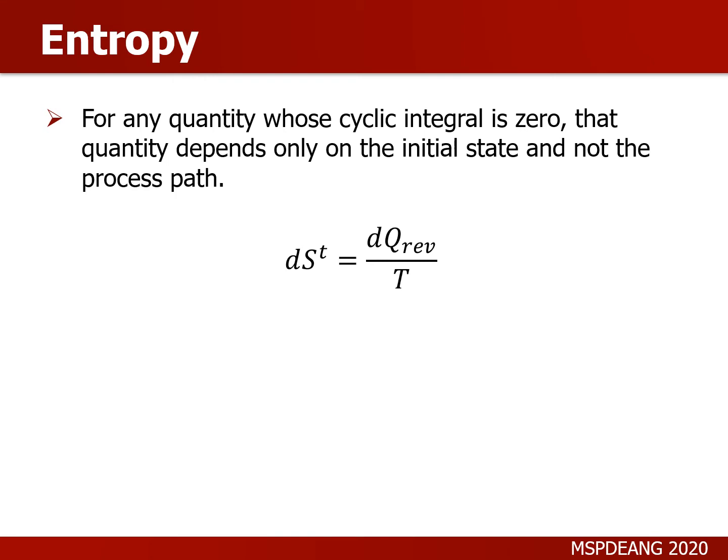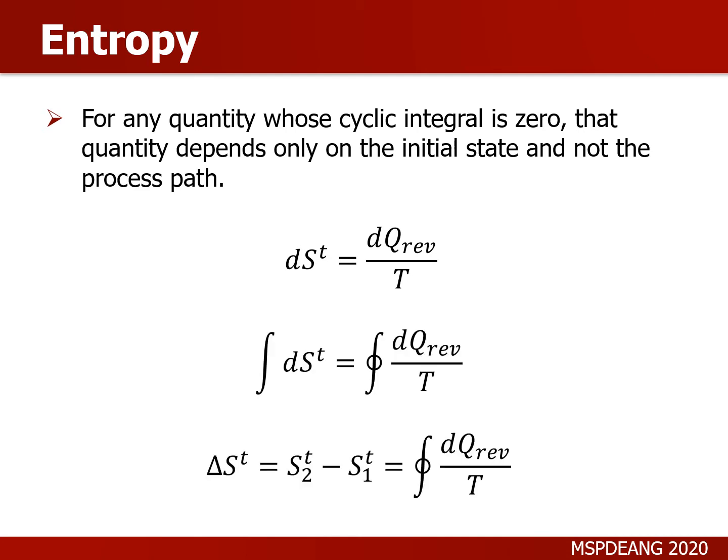Therefore, the integral of dS should now only be dependent on the initial and the final states. Meaning, the total delta S is now equal to just the final entropy minus the initial entropy. And that is equal to the integral of dQ rev over temperature. So meaning, delta S is a state function.